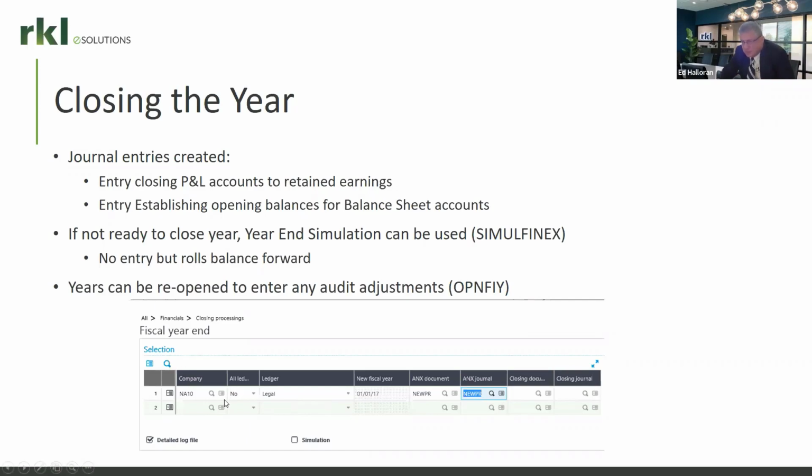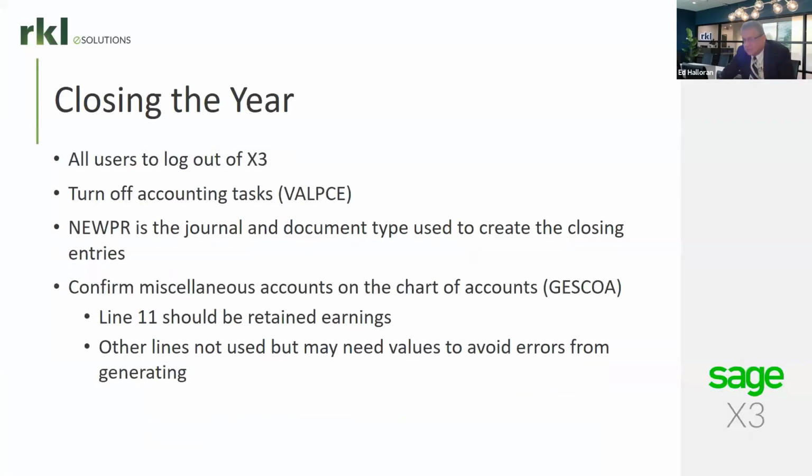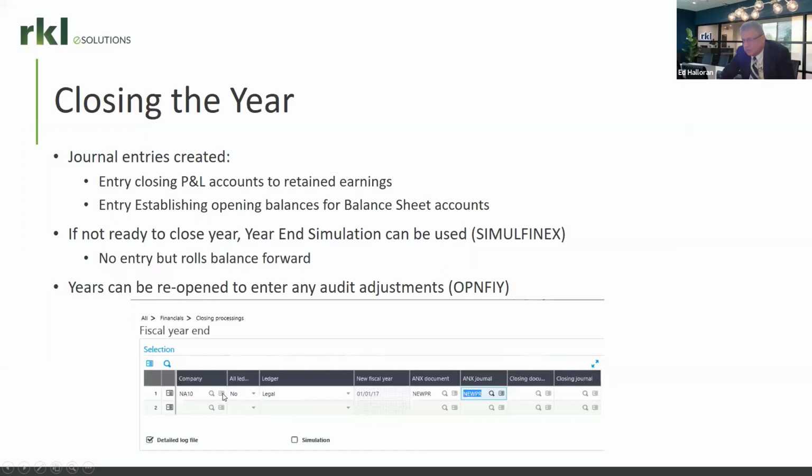And then down below is the actual screen. So you'll pick your company. I just set all your ledgers to no here. So all ledgers, it defaults to yes, but you just change it to no. You usually got to do this one at a time. In this case, we're closing the legal ledger. It tells you what the new year is going to be and what the documents are going to be.